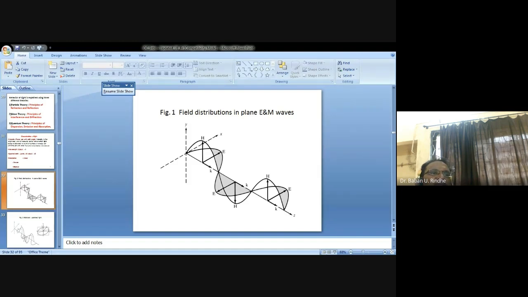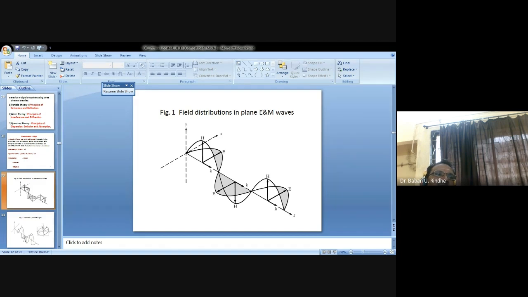The E field is parallel to the x-axis and the H field is parallel to the y-axis, and they follow a sinusoidal waveform.